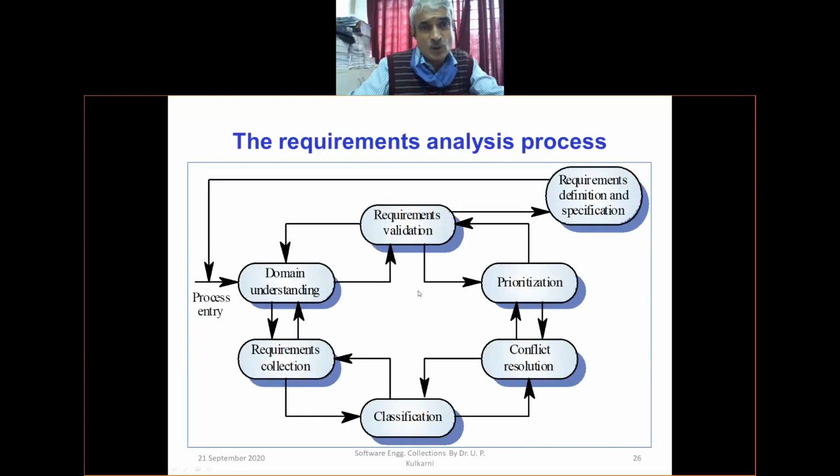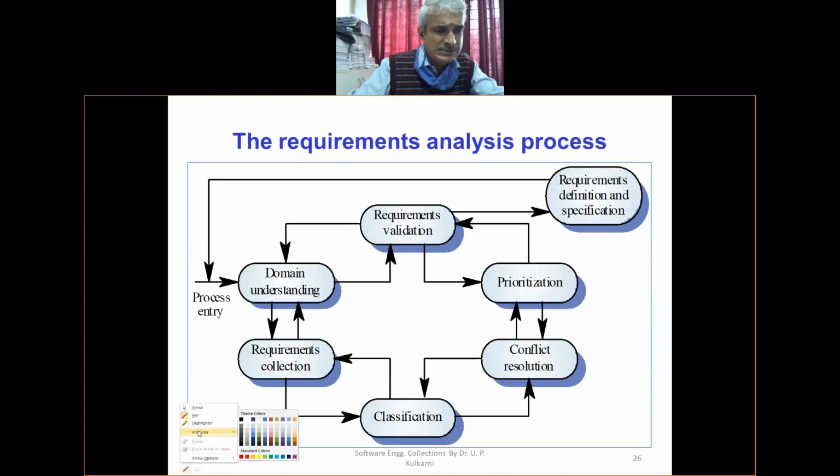Now, when you look at the requirement analysis so far, whatever I have said, and put it in the form of a proper flow, you will see interesting things. There's a process entry. You understand the domain, so for that you need to analyze and interact with the end users, clients and all.